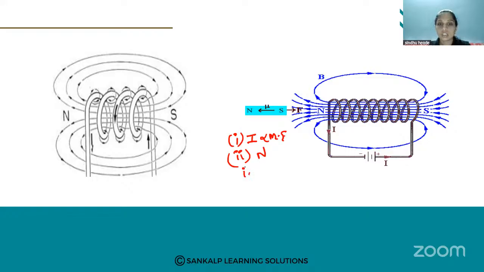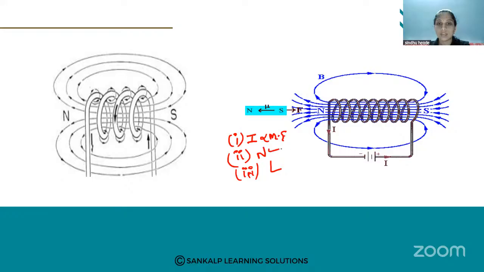Next, the most important thing is that it depends upon the length of the solenoid. If the length of the solenoid is increased, then the magnetic field generation is also more and more. The magnetic field generation depends upon three things. First, the current flowing through the solenoid.